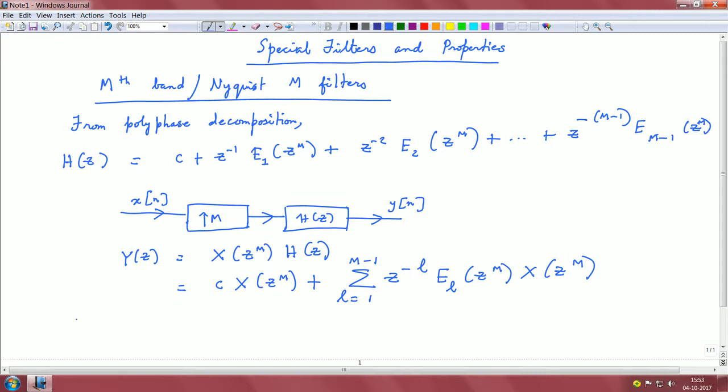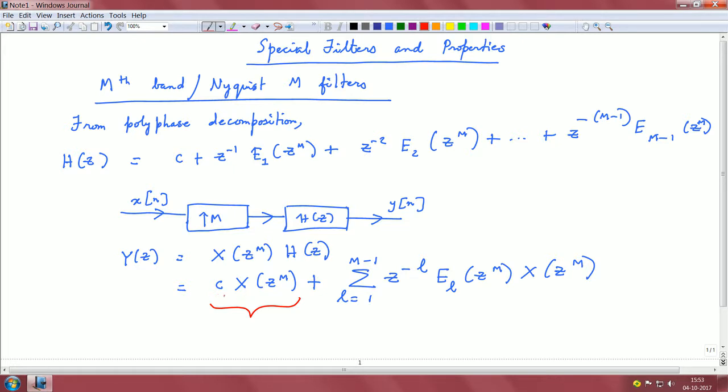Now, let us consider the first polyphase component, which is what we have here. So, we can interpret this relation as we have x of n, and when you upsample it you get y of n.